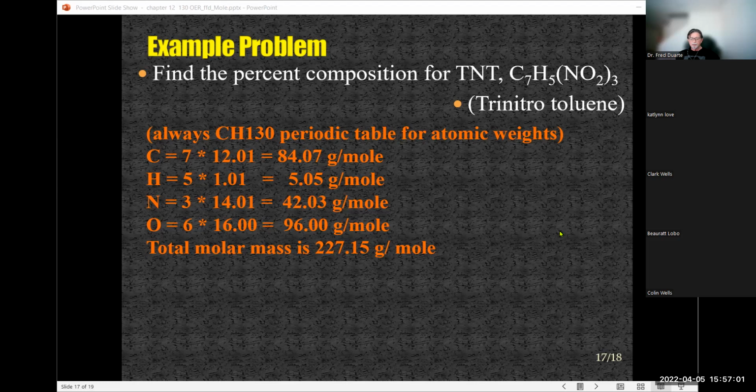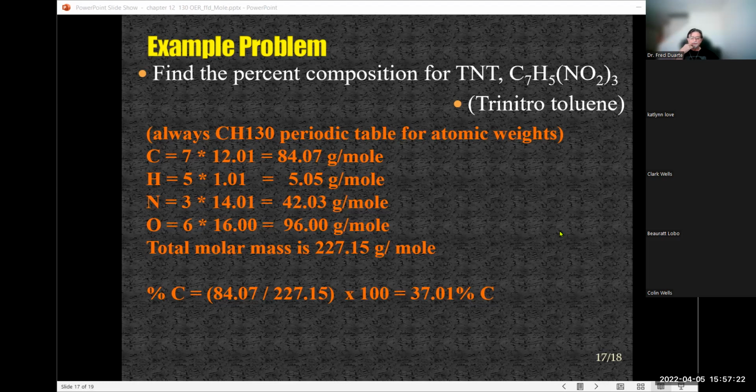The total molar mass for TNT is 227.15 grams per mole. To determine the percent composition, you simply take the individual atomic weights for whatever atom, in this case carbon, and divide it by the total amount.